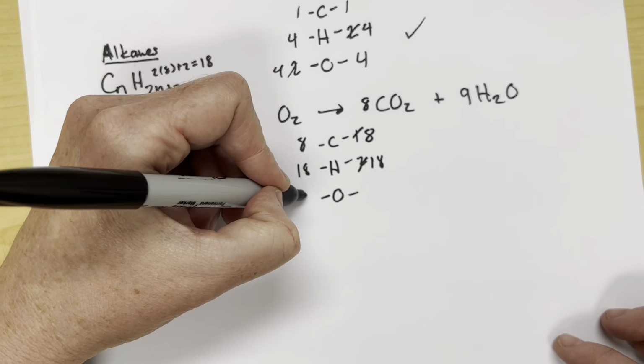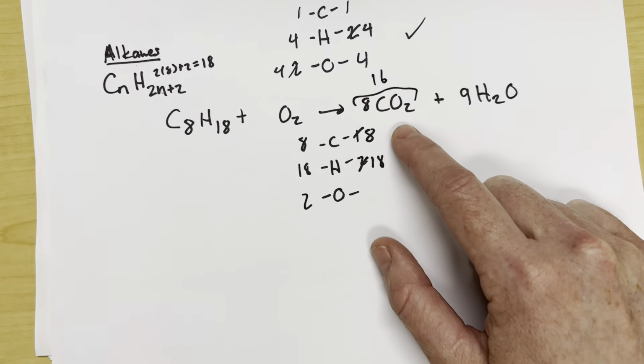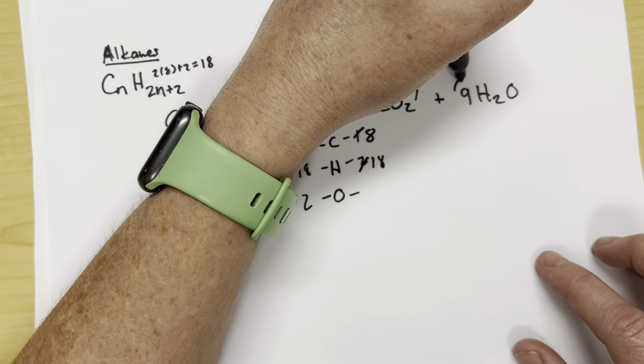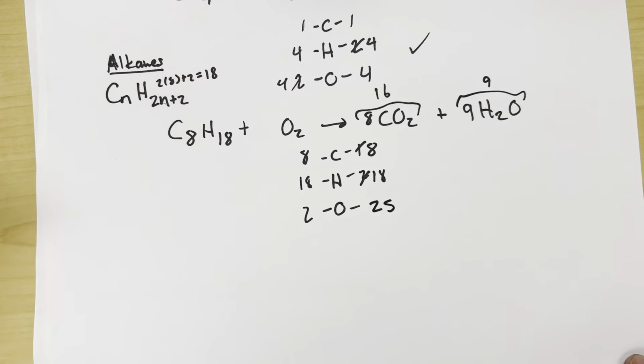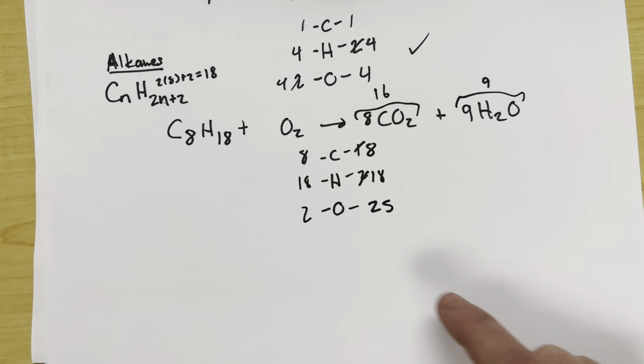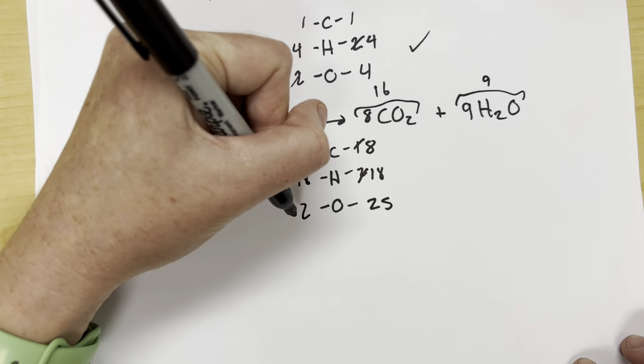On my left, I have 2. On my right, I have 8 times 2 is 16, plus 9, for a total of 25. 25 divided by 2 is 12.5. Don't freak out.